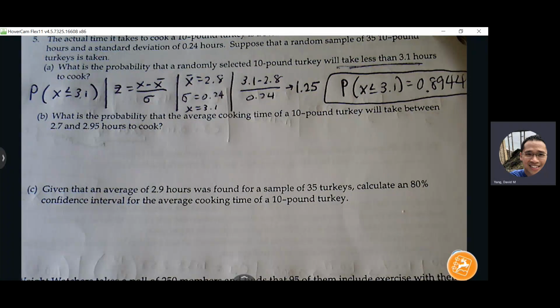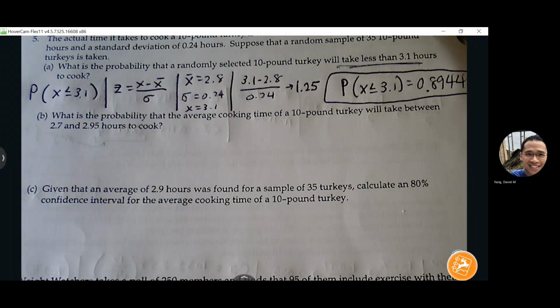Okay, what's the probability that it will take between 2.7 and 2.95 hours? So we'll find both z-scores, both probabilities at those values, and then we can subtract the probabilities at the end. So find the z-score twice, look for 2 different probabilities from 2 different z-scores, and then we'll subtract the larger minus the smaller.